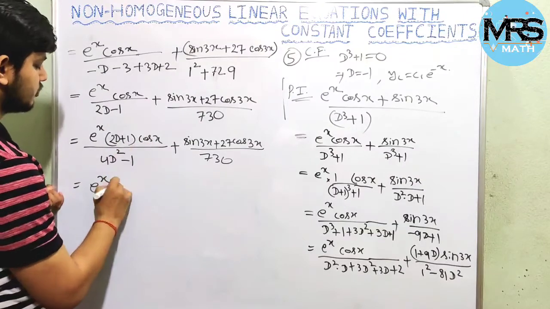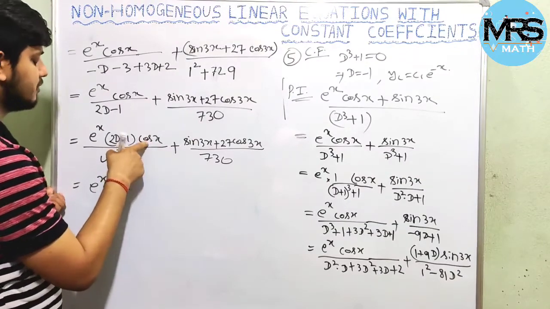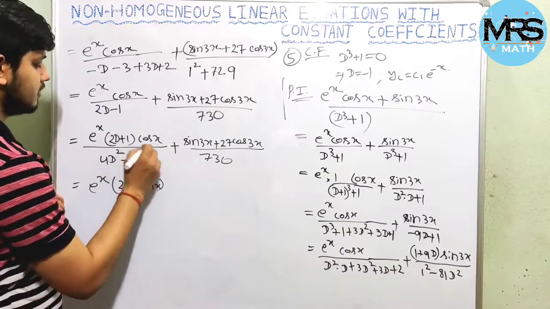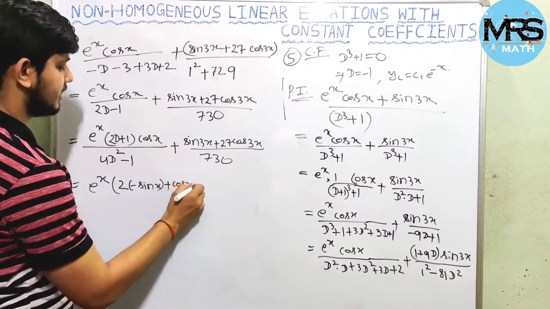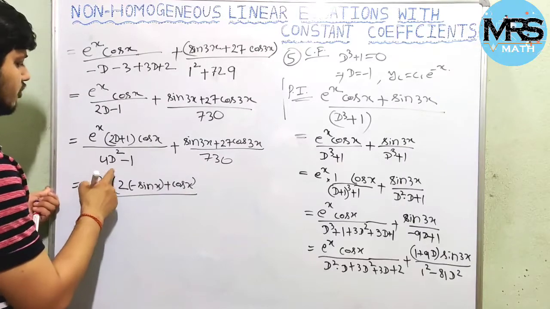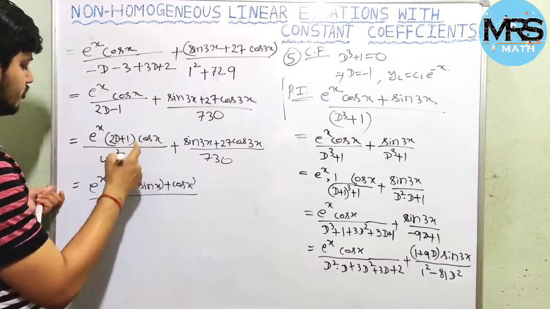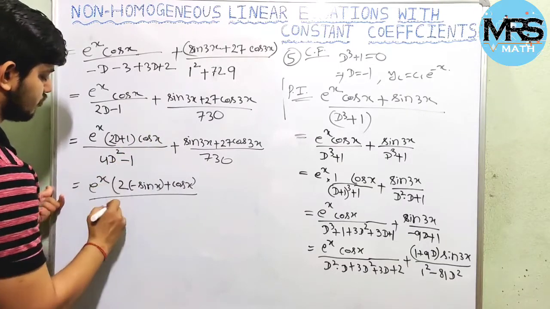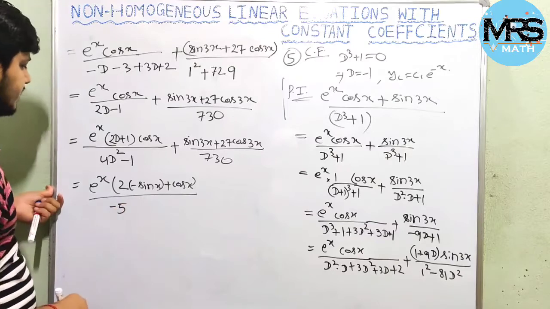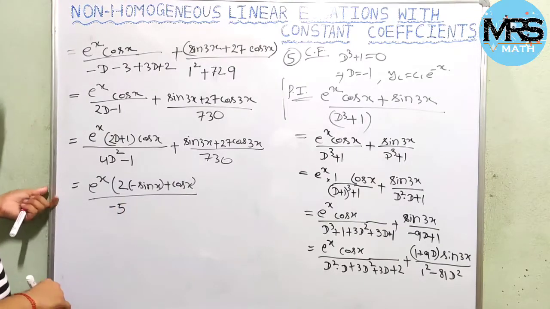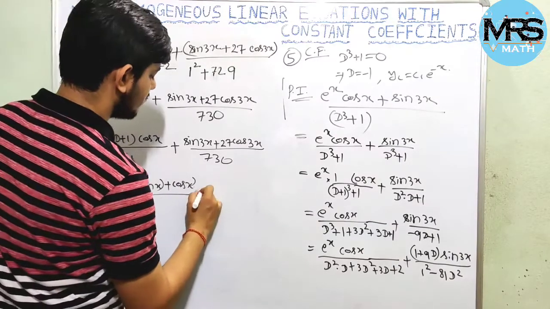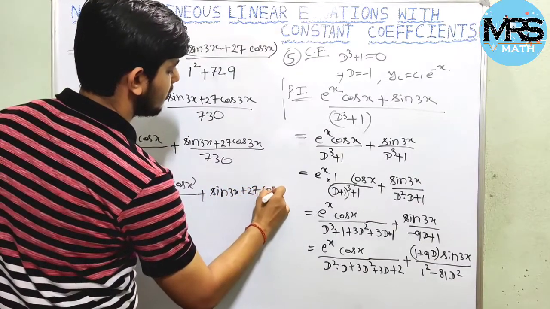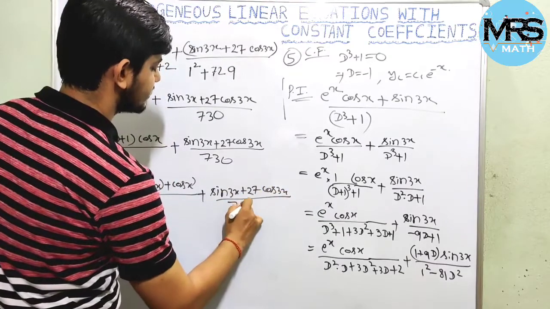There is no problem, but here again 2D into cos x, so what will happen: 2 into the first derivative of cos x, which is minus sin x, plus cos x, correct. Here 4D square, that means 4 into minus 1 square, that means minus 4 minus 1, that will be minus 5, plus sin 3x plus 27 cos 3x divided by 730.